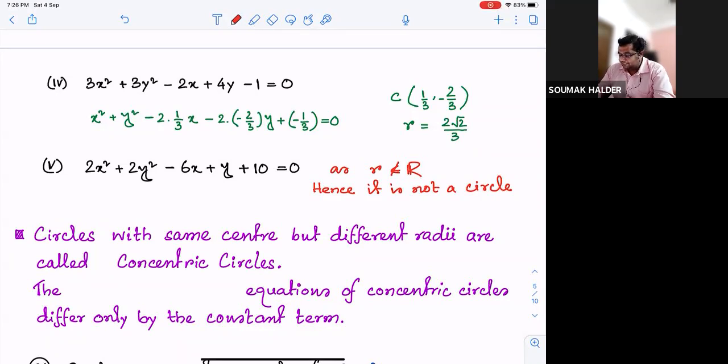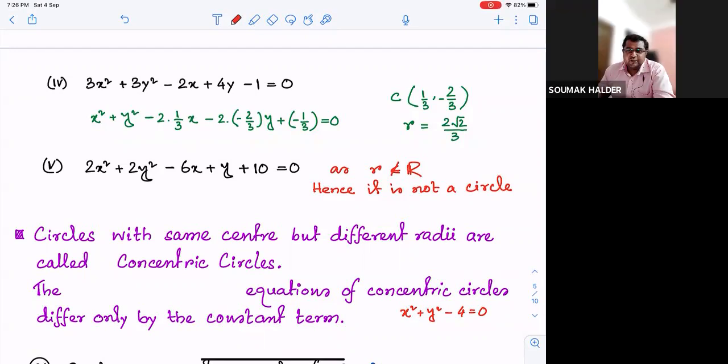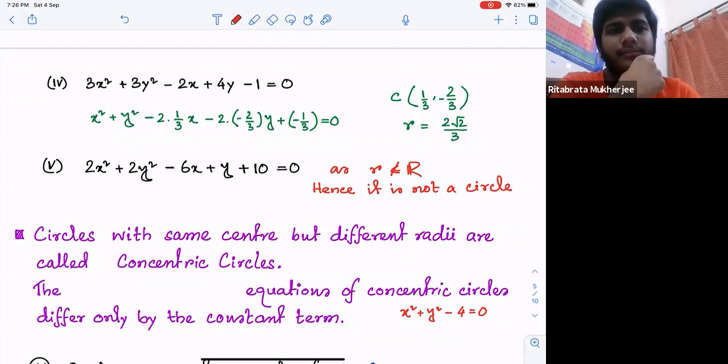Like, you can identify two equations, x square plus y square minus 4 is equal to 0. Can you identify the center and radius for this circle? 0, 0 center. So center is origin and radius 2 units. Yes, sir. Okay.